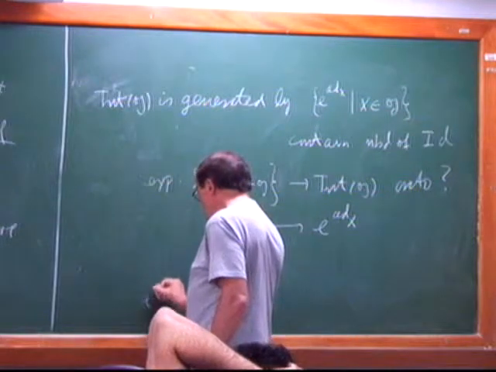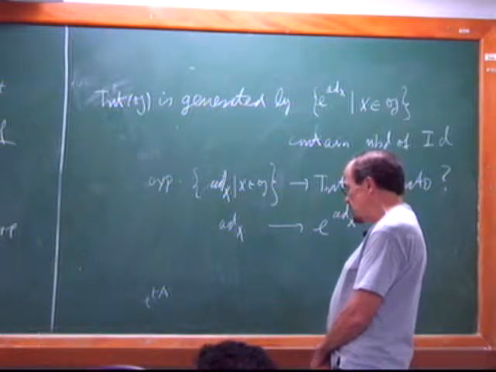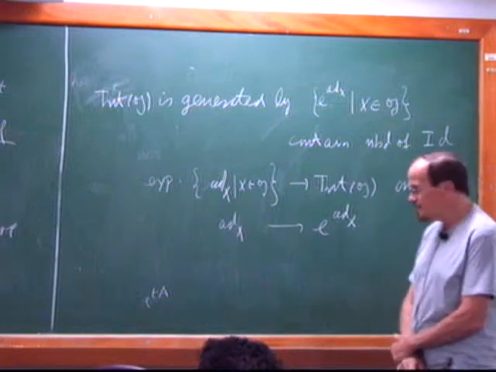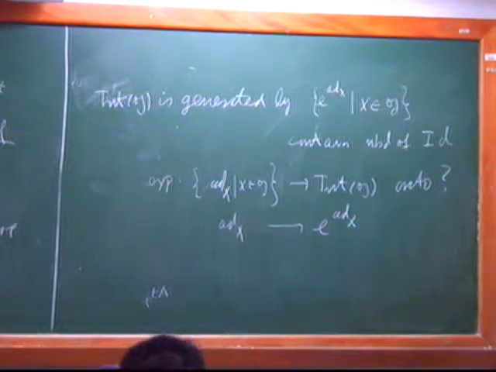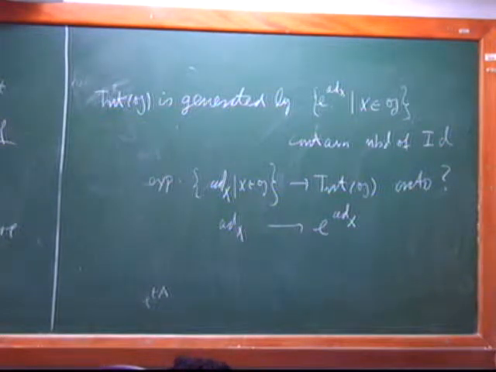If I look at something of the form e to the tA, so that's an exponential of a matrix, what special property does that have that not all matrices have? Say A is real. I think there was a difference between real and complex in the exercise, right? What about the eigenvalues of e to the tA?